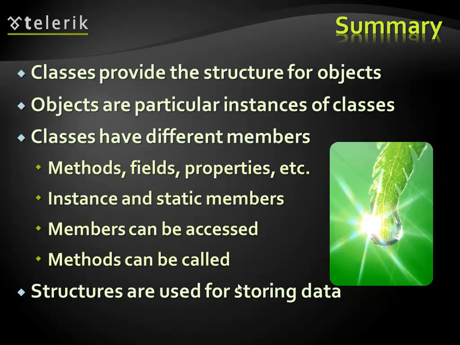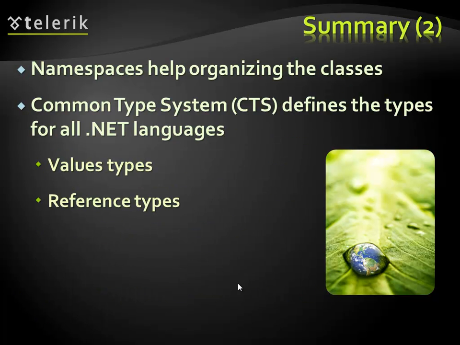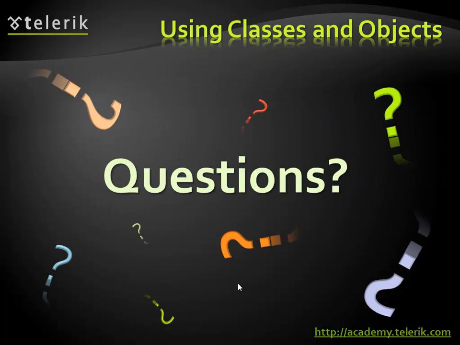We've also seen some enumerations and structs, and in a few words we mentioned the common type system, and we've seen one live demo of a real class and constructors, and that's about it for now, I guess. Any more questions right now?